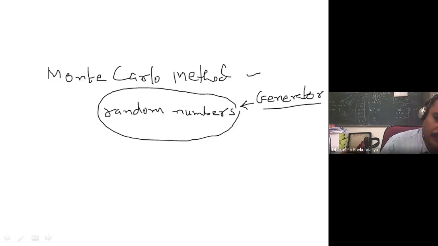A random number generator is a procedure which can produce a sequence of random numbers, let us say u1, u2, and so on.